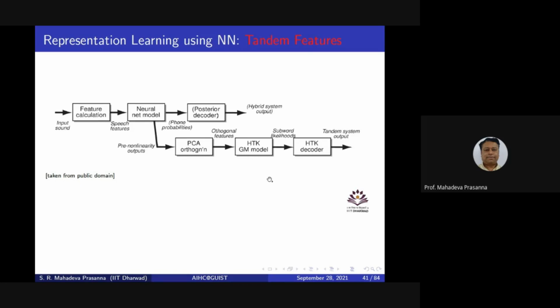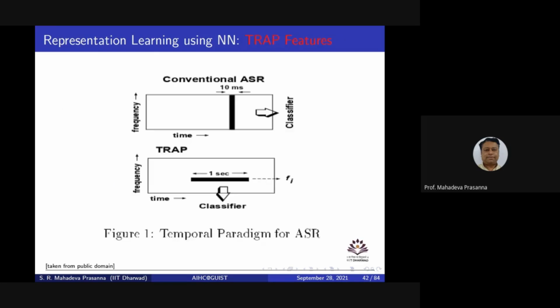They did not call it representation learning, but they felt they could use a neural network as a feature extractor. Now we are using a widely appreciated terminology called representation.